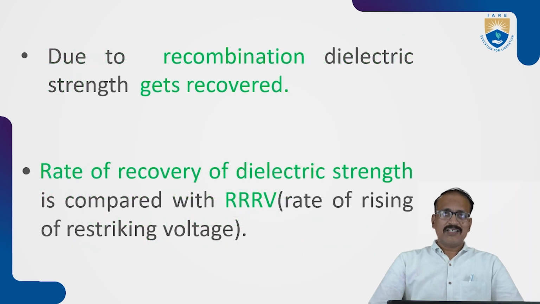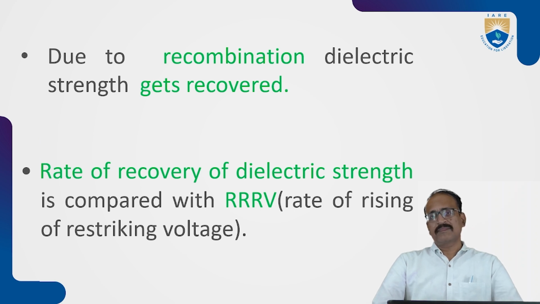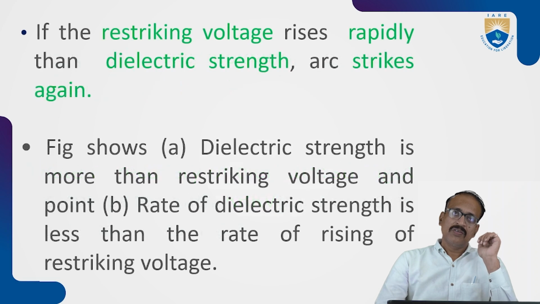So the combination of positive ions and electrons means it is forming neutral molecules. That means the dielectric strength is getting recovered. So it has to recover much faster than the restriking voltage. So the rate of recovery of dielectric strength is compared with the rate of rising of restriking voltage.